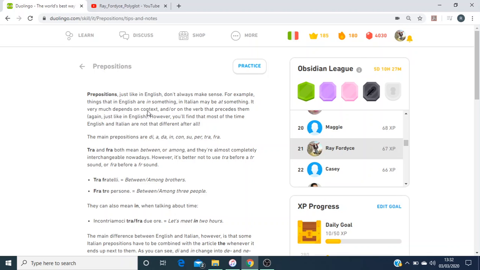It very much depends on context and on the verb that precedes them, again, just like in English. However, you'll find that most of the time English and Italian are not that different at all, because in English you can use a lot of prepositions interchangeably, but you can't always get away with that in certain languages.